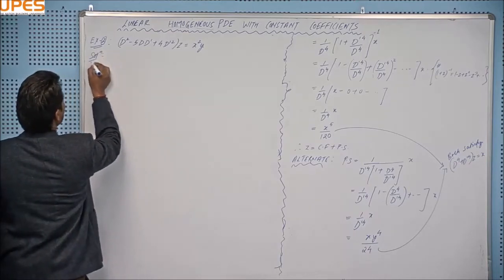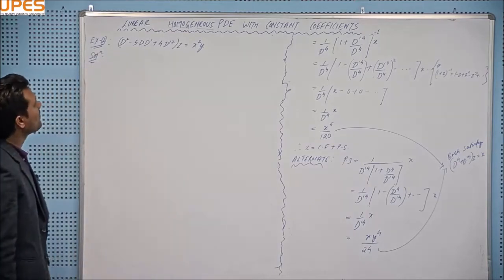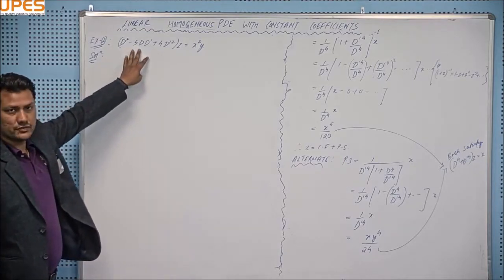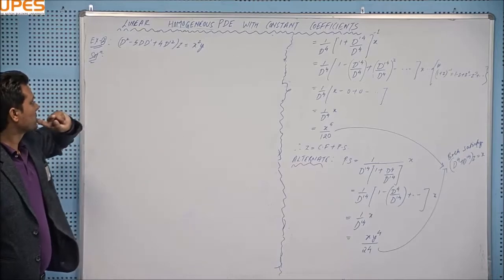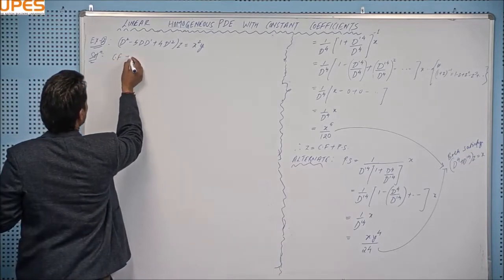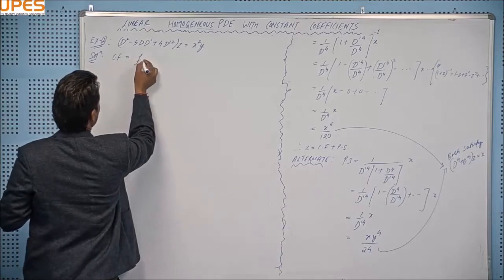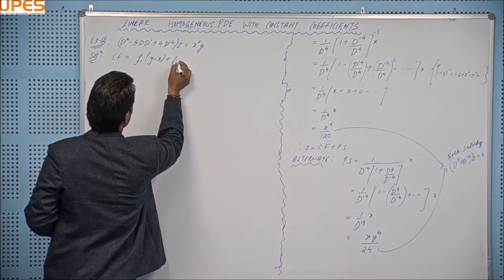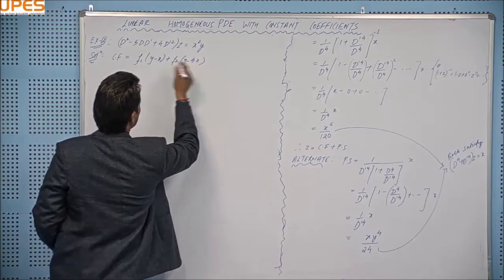Then its complementary function, its factors will be -4 and -1. Yeah, right. Okay. Then the complementary function is equal to f1(y minus x) plus f2(y minus 4x). I'm writing it directly.